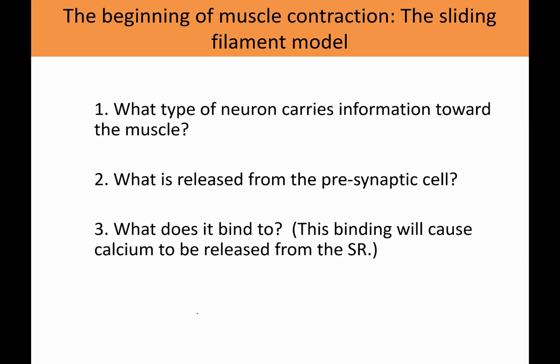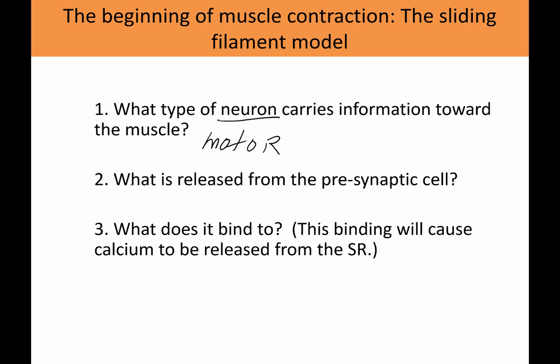So now we're going to look at what we call the sliding filament model of muscle contraction. We're going to be looking at the order of this, and you're going to actually be putting this in order on your quiz. So these next few slides will be very helpful in that. So we haven't studied the nervous system yet. There are 3 types of neurons, and the one that actually is in charge of carrying information to a muscle from either the brain or the spinal cord is called a motor neuron.